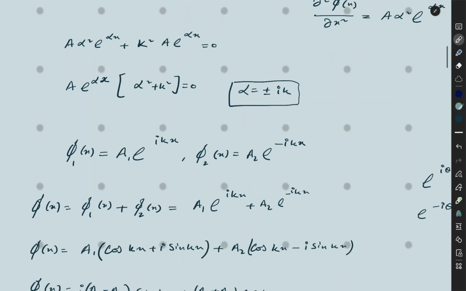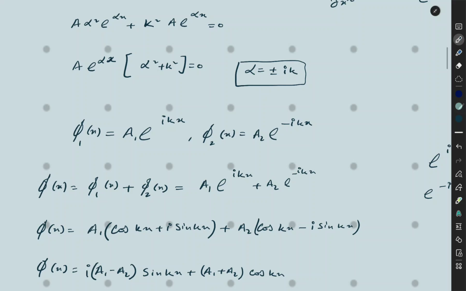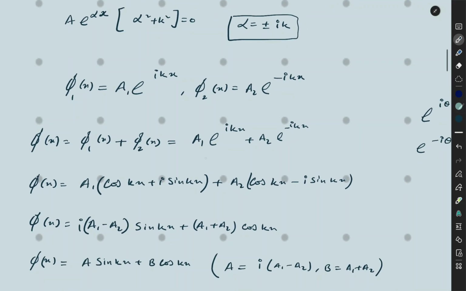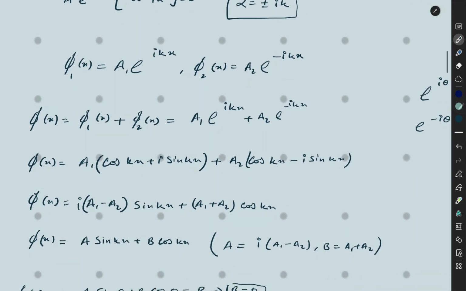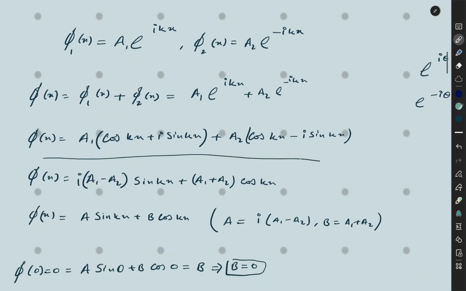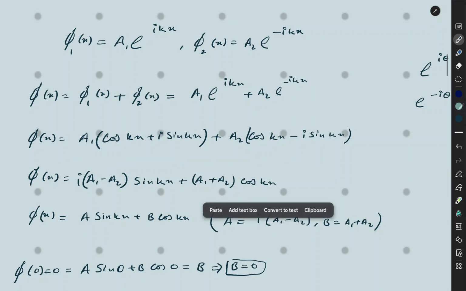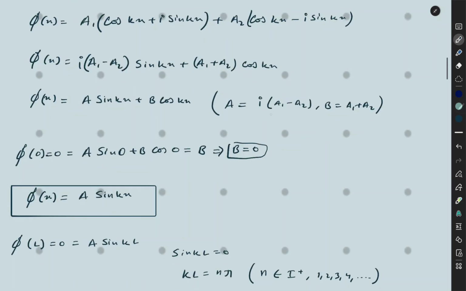Now we have got two wave functions, this one and this one. To get our original wave function we need to add both of these, and after adding we are getting this term. So we have considered iota into a1 minus a2 as A and B equal to a1 plus a2. These are all arbitrary constants, so we need not worry about the value of those.